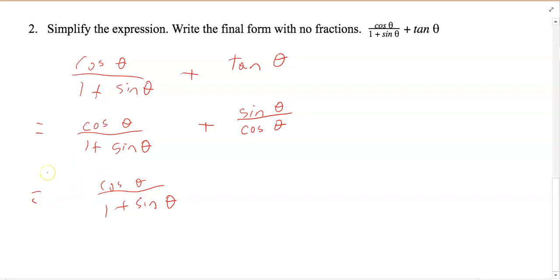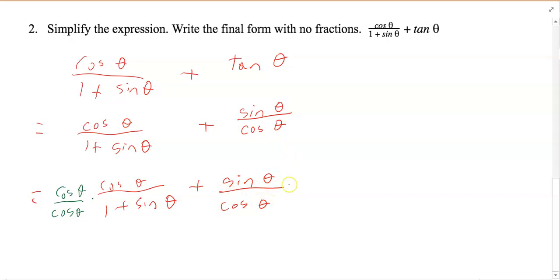It's a different color here. Multiply by cosine of theta over cosine of theta on the left side, and then we have sine of theta over cosine of theta.